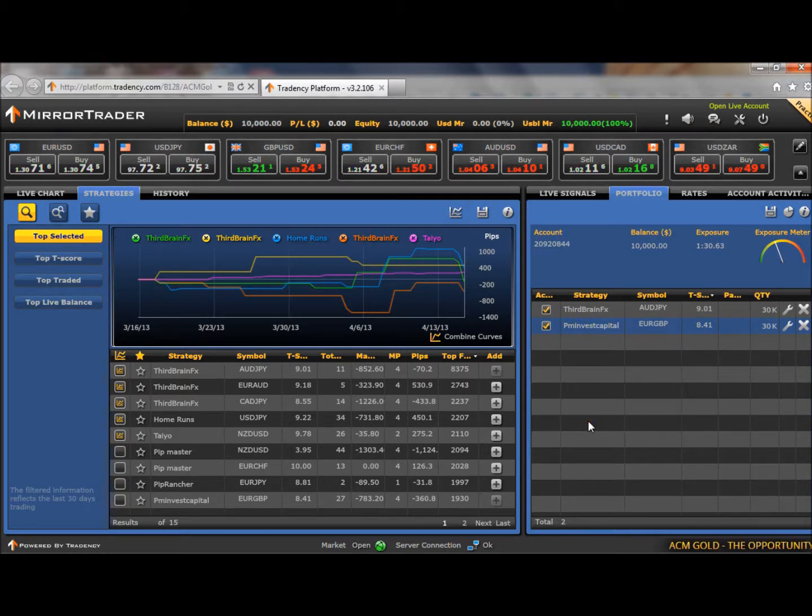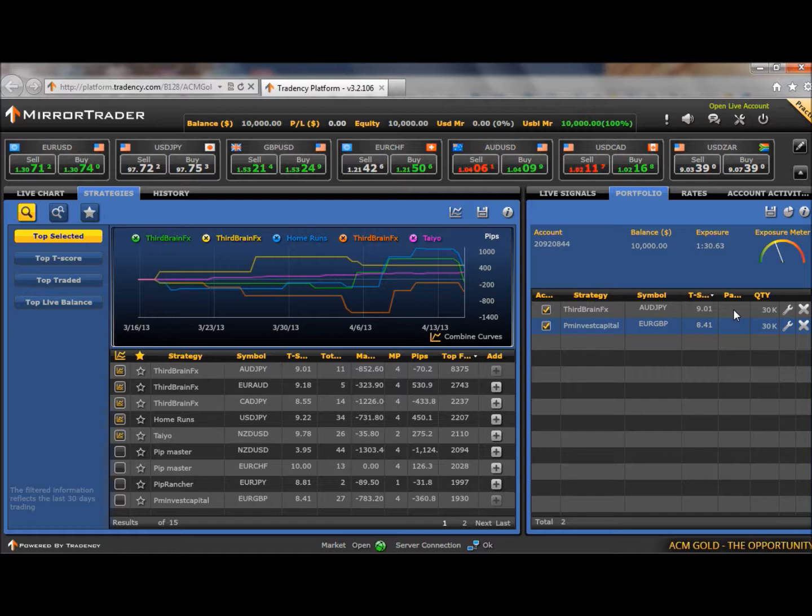Once you've set it up like this, every single trade that this trader makes, you will copy from them, and you will copy it at the 30k amount, and everything he does will be copied until he closes the trade. So everything from here is automatic, and the big advantage is you don't have to stay online. You can close the platform and go off your computer.